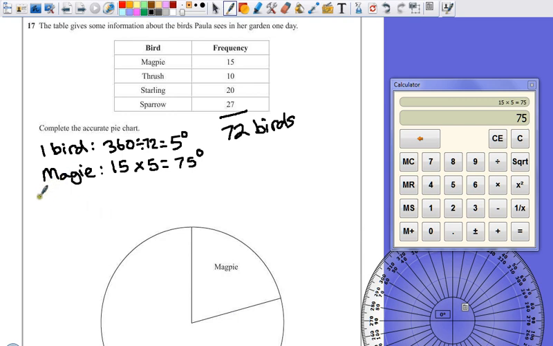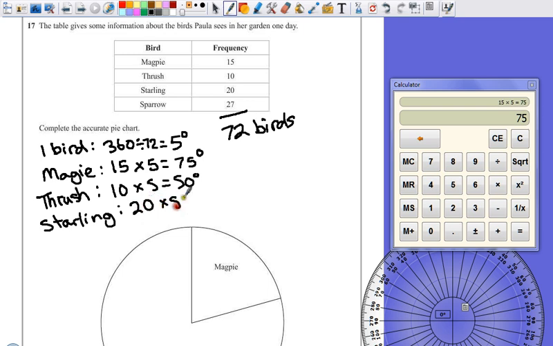Oh, Maggie. Thrush. 10 multiplied by 5, which is 50 degrees. Starling, which is 20 birds times 5, which is 100 degrees.